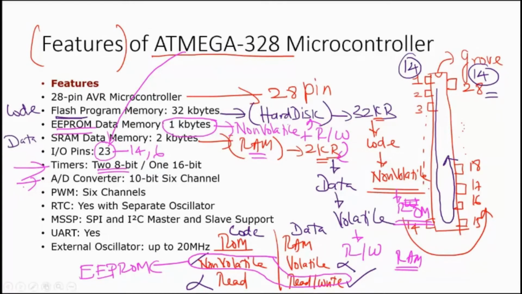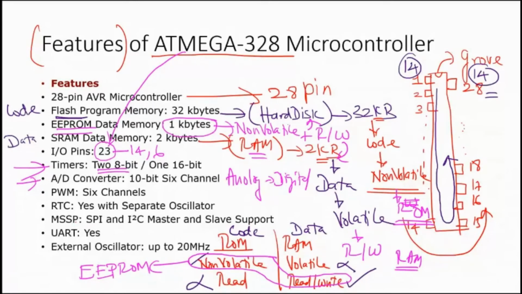So if you supply an analog signal from a sensor, that analog signal can be converted digitally within the analog to digital converter that is present within the microcontroller itself. So you need not connect an external analog to digital converter IC. The job of this analog to digital converter is to convert analog signal to digital one.